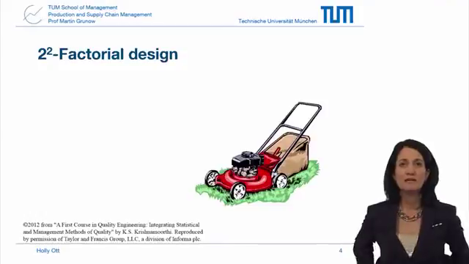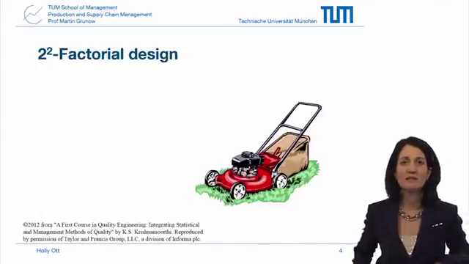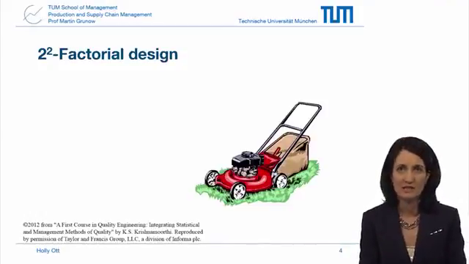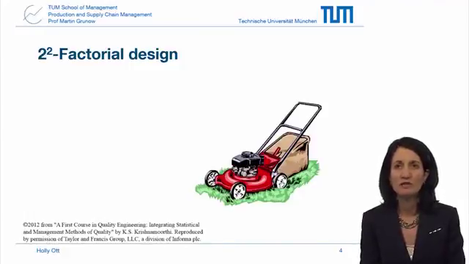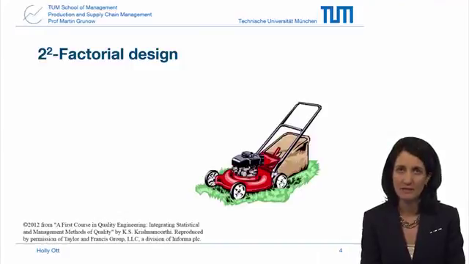So, as we said in the very first lectures, based on customer expectations, the target values or the design features for the product parameters should be already decided. For example, a lawnmower has to mow a certain number of square meters in a certain time.